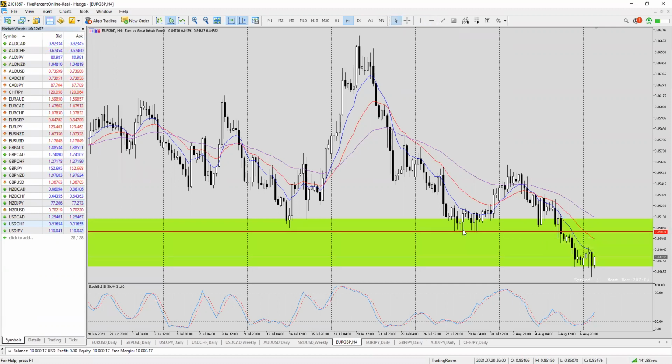Okay, you had support, which was broken, tested. You have moving averages. So anywhere around this previous resistance line or the moving averages, if you find that they're serving as dynamic resistance above.